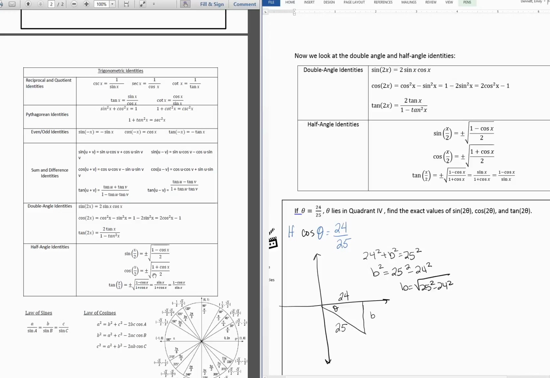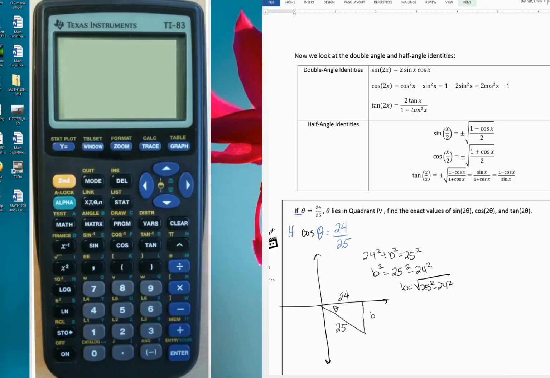Let me pause this and grab the calculator. Okay, so if we do that, the square root of 25 squared minus 24 squared is 7. So this b is 7. Now we'll be able to find all of the trig values of theta.